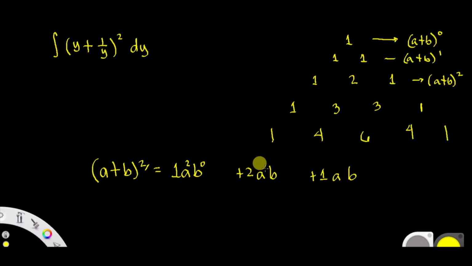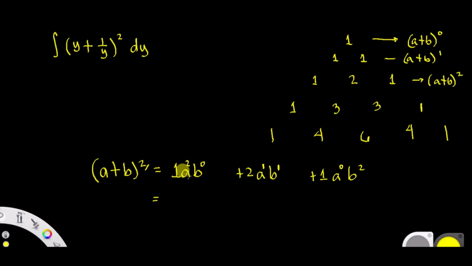So, yung 2 dito magiging 1, and then yung 0 dito magiging 1. Pagpunta natin sa next term, yung 1 magiging 0, at yung 1 dito naman na sa b magiging 2. That's how we do expansion of expression using Pascal triangle.